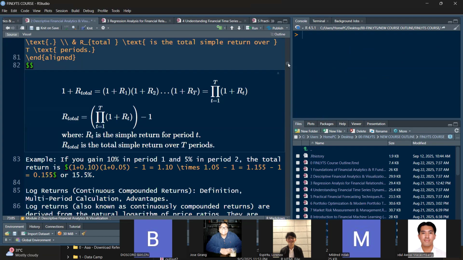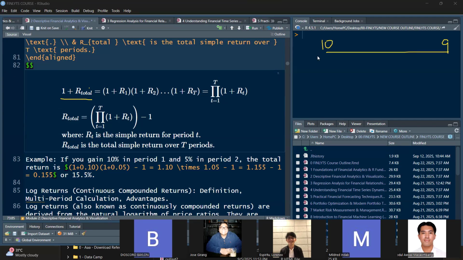If you haven't checked the text that I shared with you, please do so because it's there. Okay, class, take a look at this. So 1 plus R total. R total is the return for the 7-day period. I deleted the prices, but I think it started with 10 and ended with 8, right?